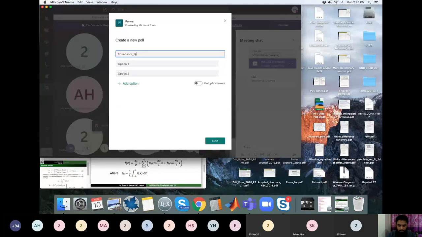So it's 10th now progress. We are interested to see present.